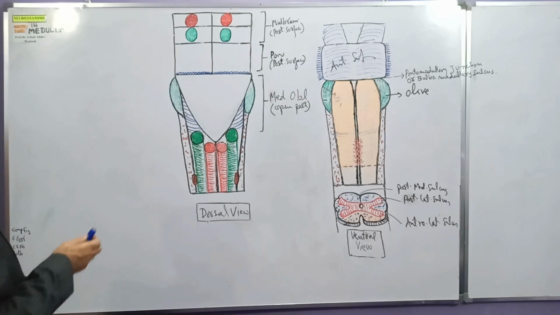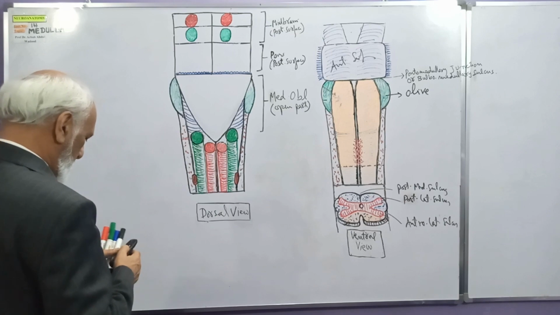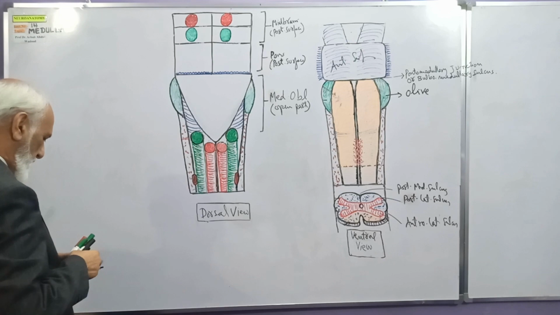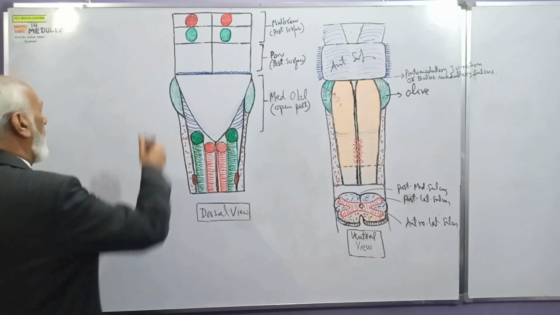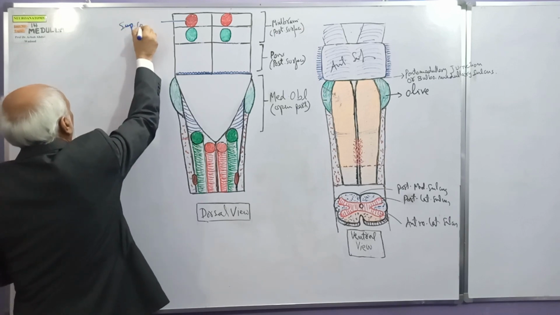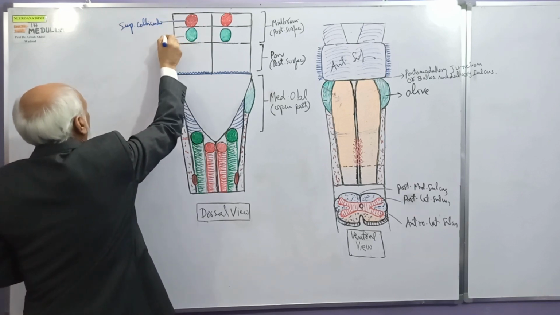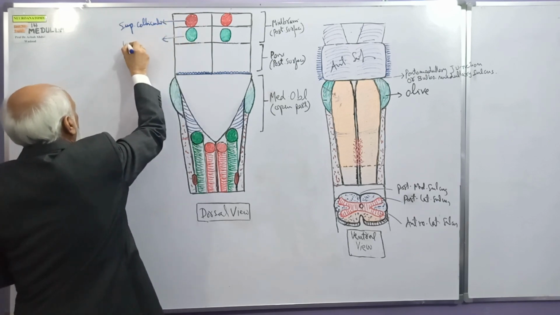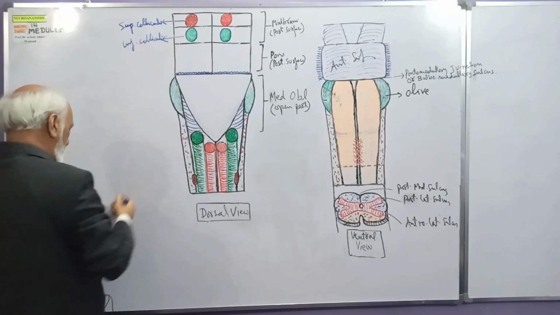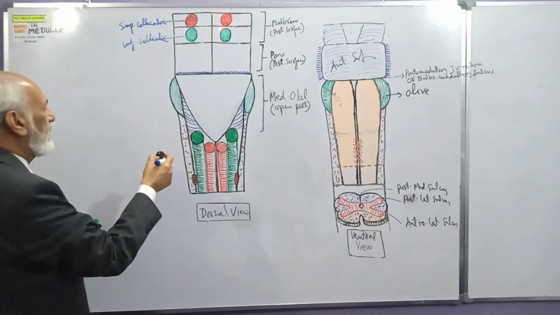Now, before that, you can see this is the posterior surface of the midbrain, and we know it comprises a pair of superior colliculi and a pair of inferior colliculi, separated by a cruciform sulcus.